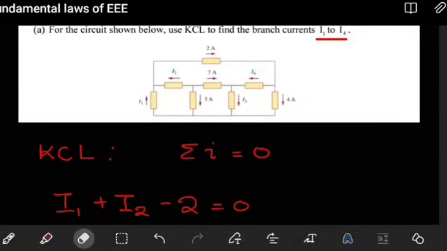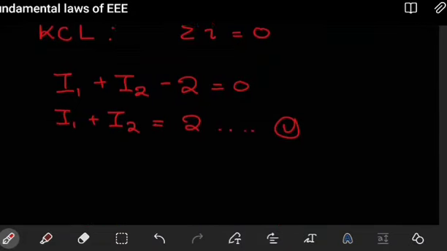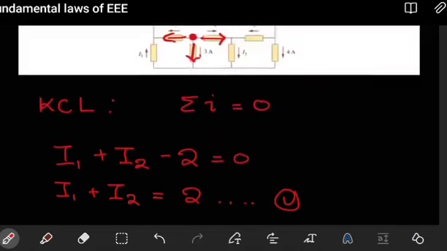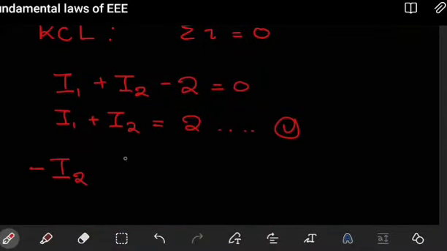Next up, let's come to this one here. For that node, or that junction, we have 3 currents. I2 leaves, then I have 3 amps leaving through this, and then I have 7 amps leaving through that. So by Kirchhoff's current law, all 3 currents are leaving. So you have I2 leaving, so you have minus I2. Then we have 3 amps leaving, so minus 3 amps.